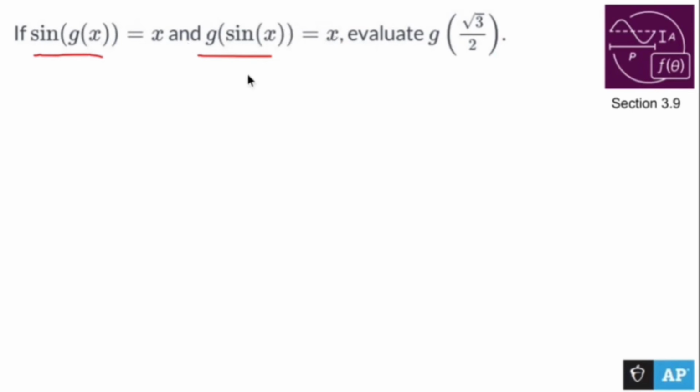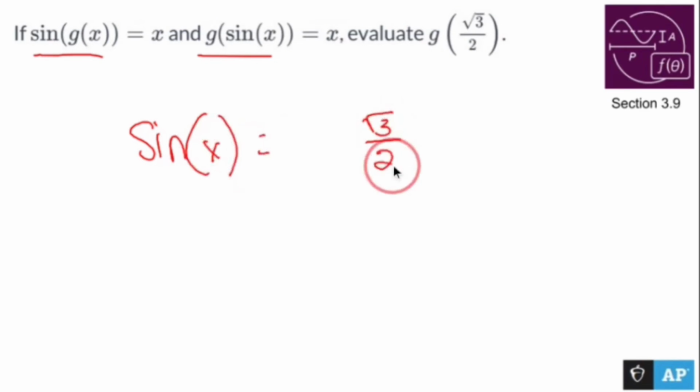So what it's asking me to do is to find g of root 3 over 2. So sine of x is going to equal root 3 over 2.